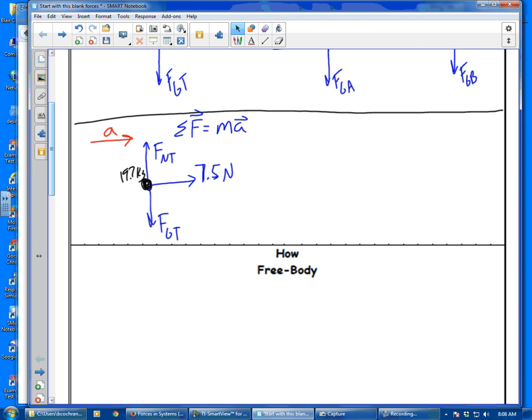So let's do that. Let's see. Sum of my forces, total force in the x is 7.5 newtons. My inertia is 19.7 kilograms. And my acceleration, I don't know. But I can find my acceleration.